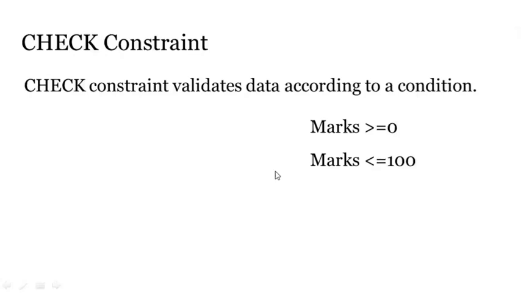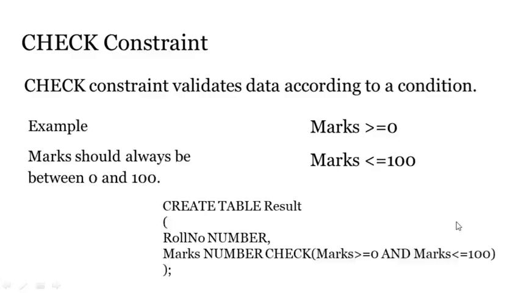The next type of constraint is the check constraint. A check constraint validates data according to a condition. Let us consider an example like marks should always be between 0 and 100. Consider the table result with roll number as the first column and marks as the second.